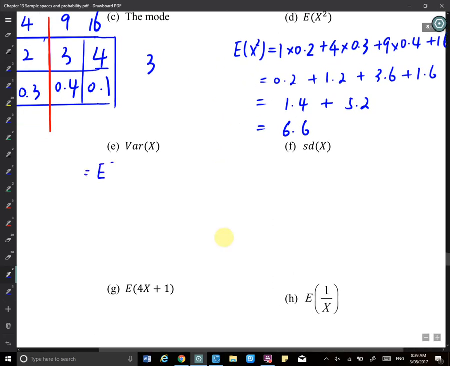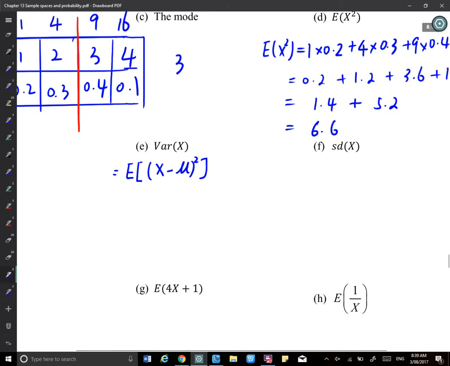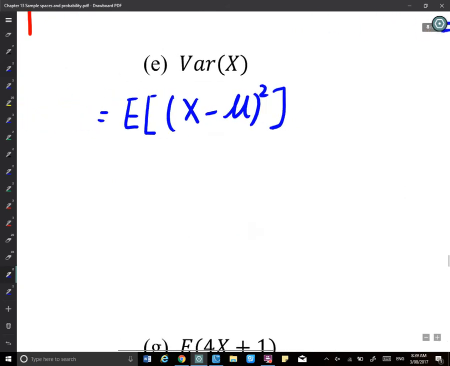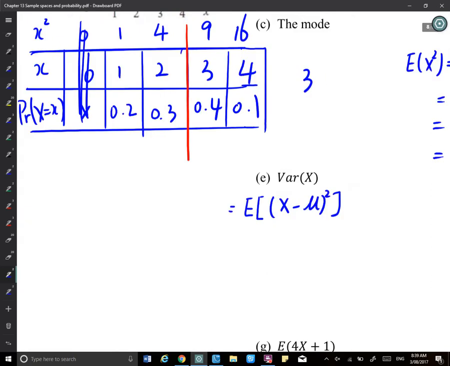One of them is the expected value of (X minus mu) squared. We're trying to find the expected value of how far all the x are away from the mean. That's the first way of doing that, but we seldom use this procedure, because I would need to find all the values of (x minus mu) squared and list another line in the table.